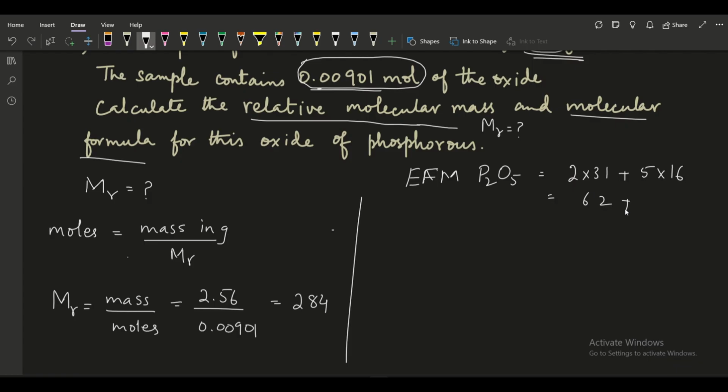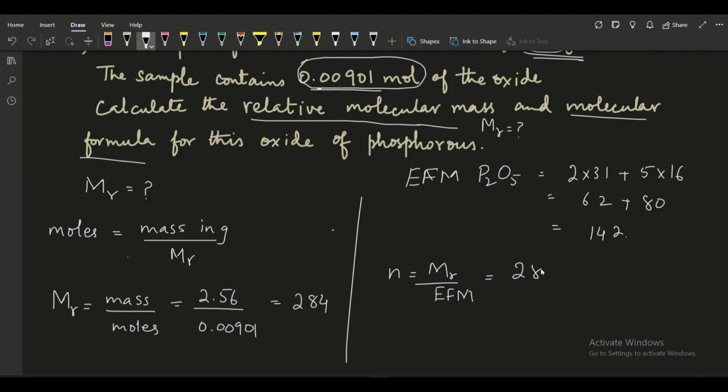That means 62 plus 80 and your answer would be 142. Now you have to calculate the value of n by dividing MR by the empirical formula mass.